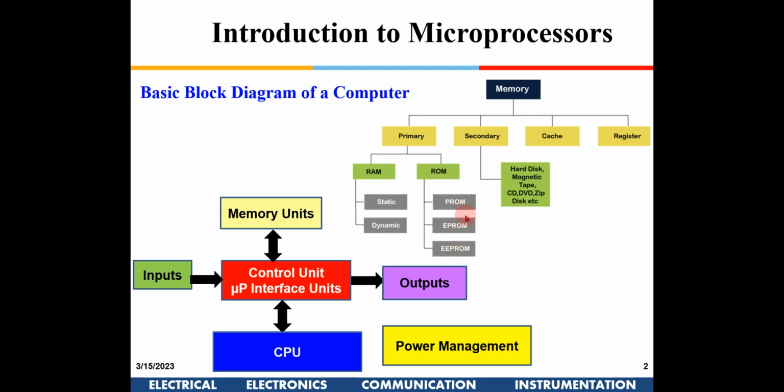Then whatever is the main program which we write needs to be stored in a secondary memory. It could be a hard disk, these days SSD, or magnetic tape, CD, DVD, etc. The main program will be there.